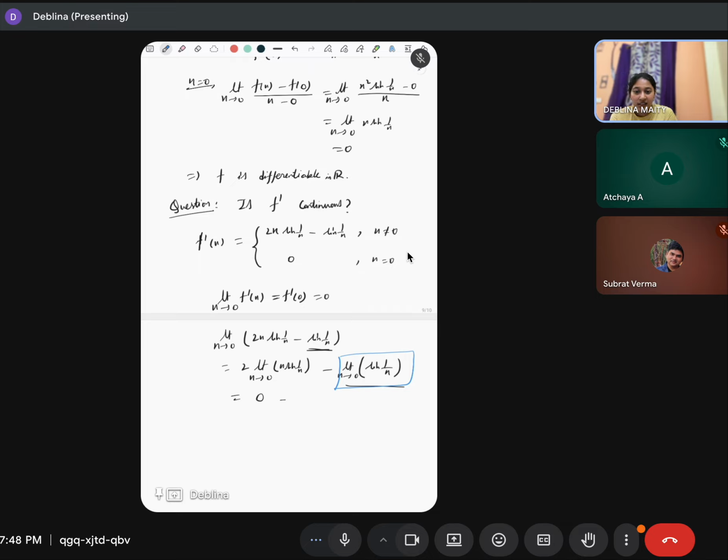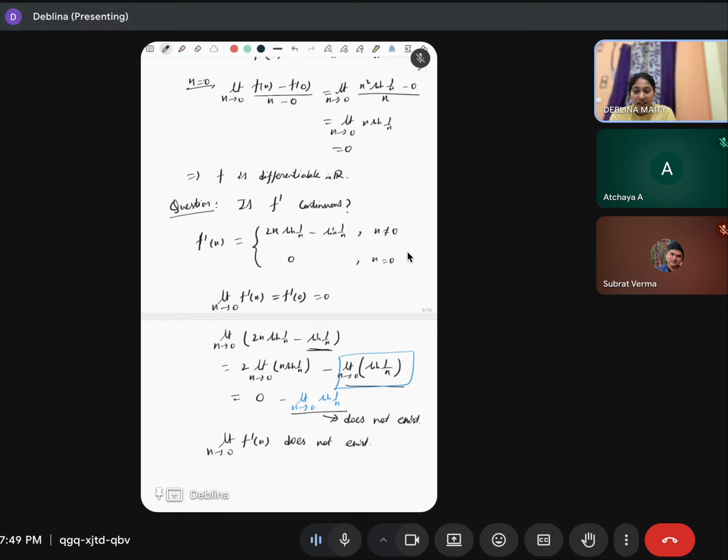We have already seen that. So this one does not exist. So limit x goes to 0, f dash x does not exist.